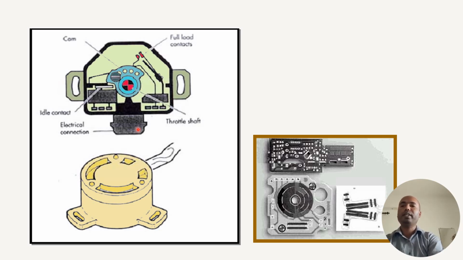So now the function of this variable resistance sensor. Initially, as per the manufacturer's information, while starting the engine we are not supposed to give any acceleration. When the vehicle is in idle condition, we are not giving any acceleration. So how can the machine understand whether the engine is running in idle, lean mixture, or rich mixture? Because it is electronics, we need to give some signal to the ECU, for which an idle contact is provided.